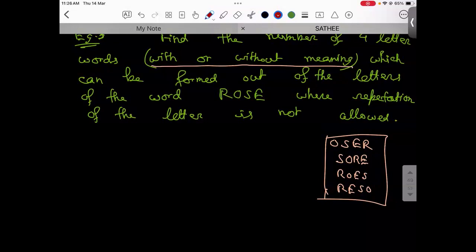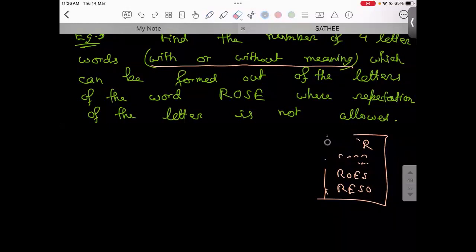If they said with meaning, then these possible words would not be allowed. Maybe only one word would be allowed, and the others not. But here, by this statement, they are saying that all of these are allowed. So I can write any combination.